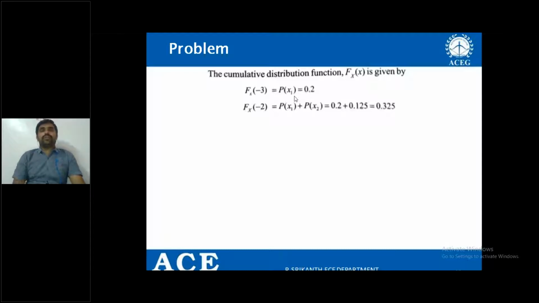Why? Because the definition of the distribution function is Fx of x equal to the probability of X less than or equal to x. But the minimum value itself is -3, and therefore there is no value less than -3. You can write the distribution function value at x equal to -3 as Fx of -3 equal to probability of -3.